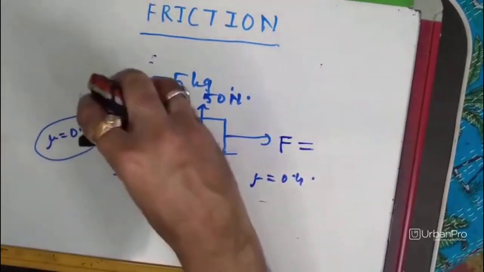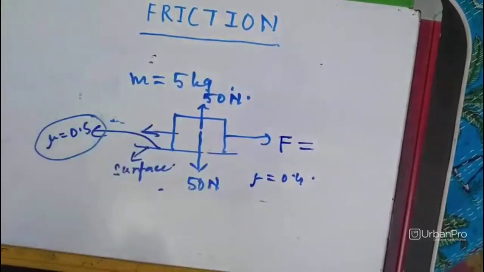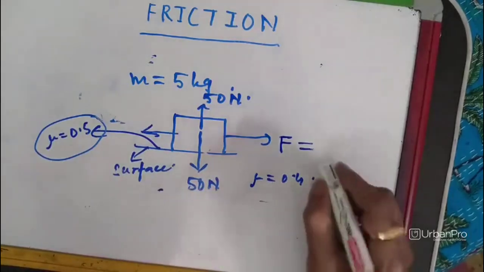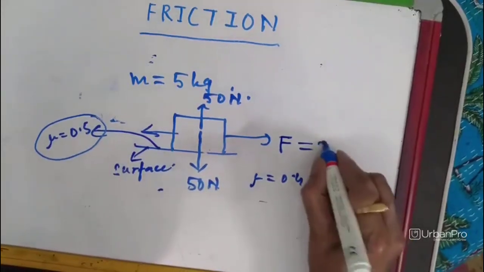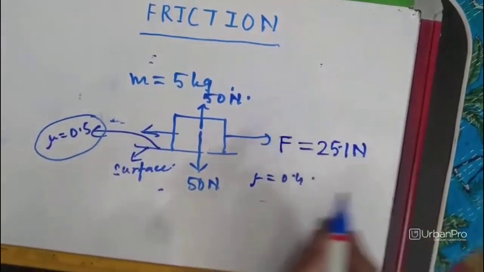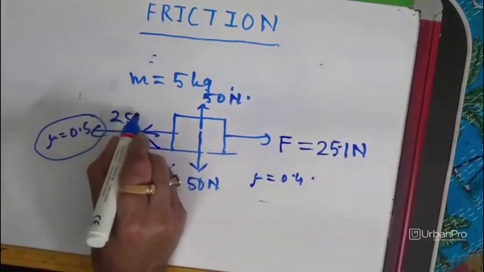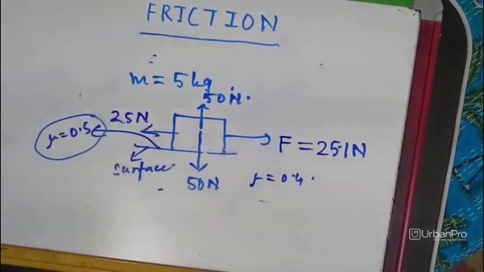Now what happens if the external force were to be 25.1? That exceeds the maximum frictional force possible, 25, by 0.1 Newton.